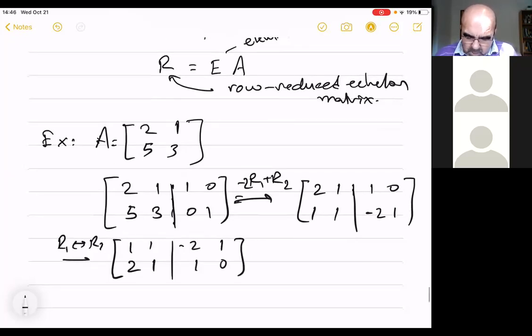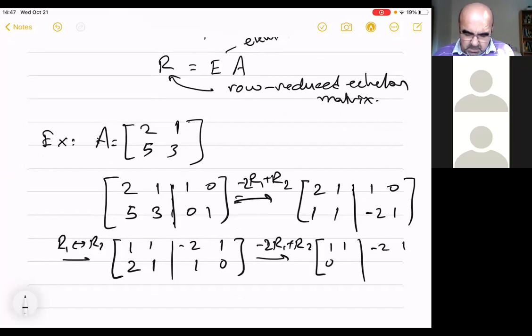Then you multiply row 1 by -2 and add to row 2, so that this 2 becomes 0. -2 plus 1 is -1. This is 4, 5, right? -2.